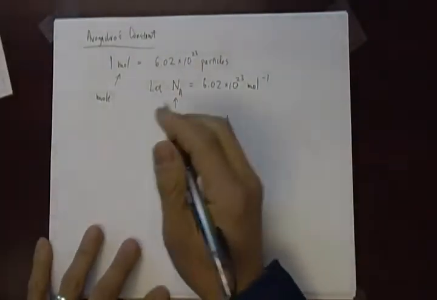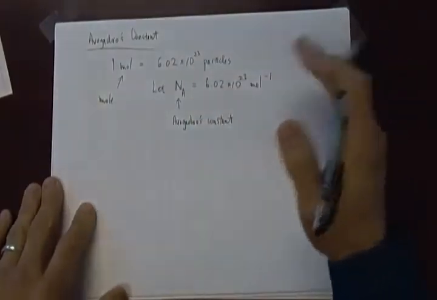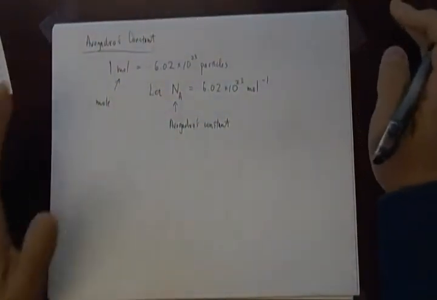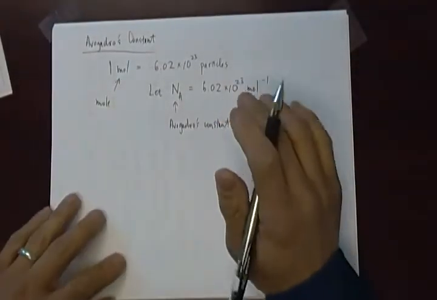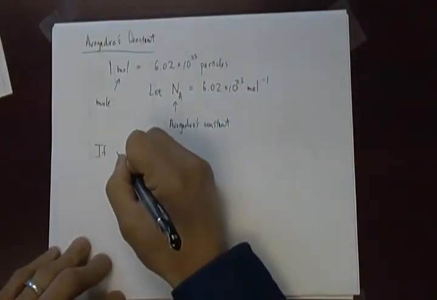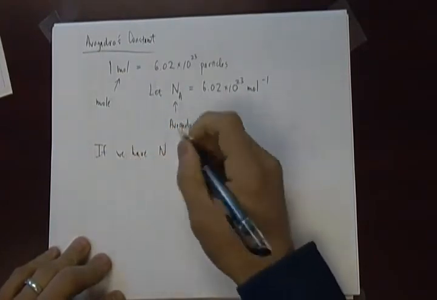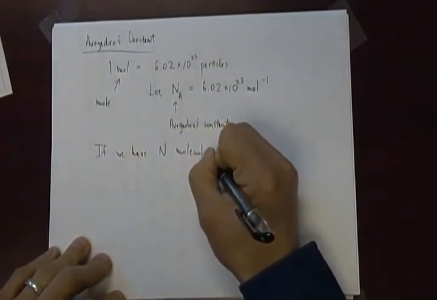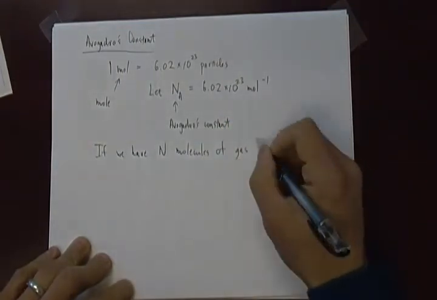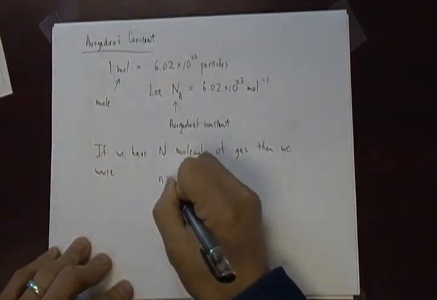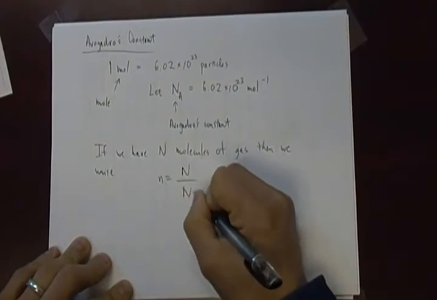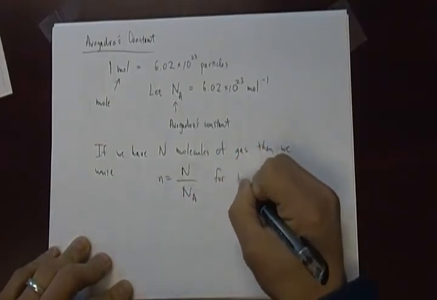It's useful because the number of molecules, or the number of anything microscopic, tends to be just enormous, and so we want to work with somewhat more reasonable numbers. If we have capital N molecules of gas, then we write small n equals capital N over N sub A for the number of moles.